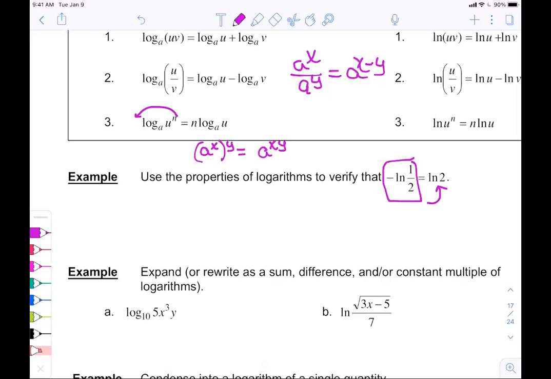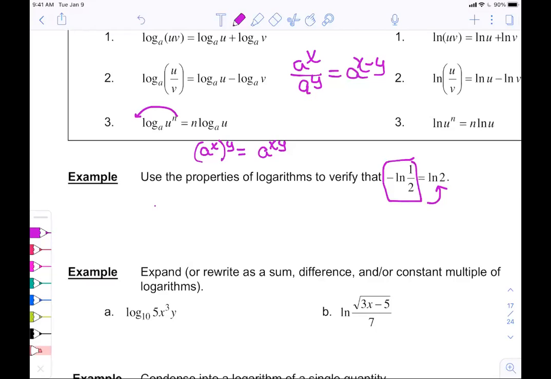So how could I use the properties to show that? Think about those three properties above. Would you move the -1 to be an exponent?